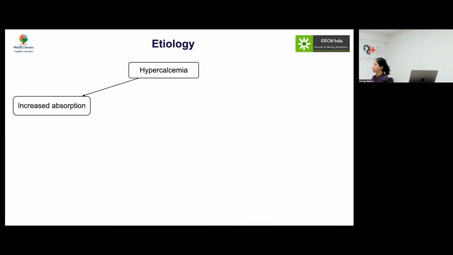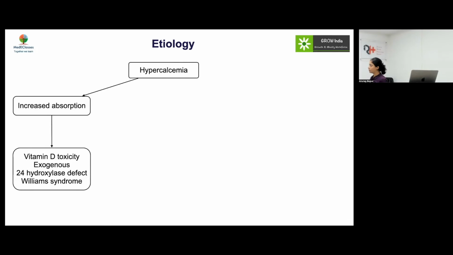Three major causes of hypercalcemia. The first one is increased absorption, which can be because of vitamin D toxicity. It could be an exogenous increased intake of vitamin D, or a 24-hydroxylase defect, wherein your 25-OHD is not getting inactivated to 24,25-OHD, and therefore more of it is getting converted to 1,25-hydroxy vitamin D, resulting in vitamin D toxicity.